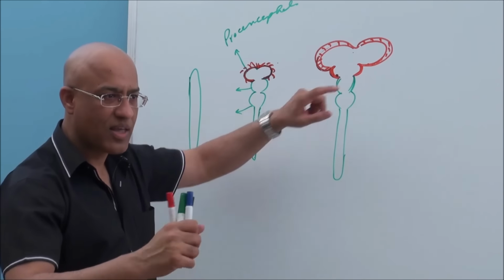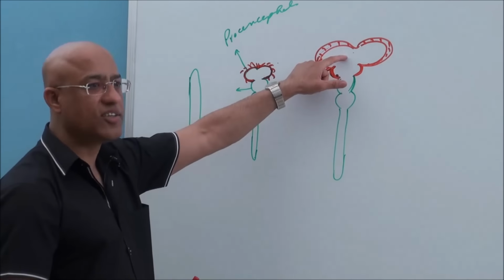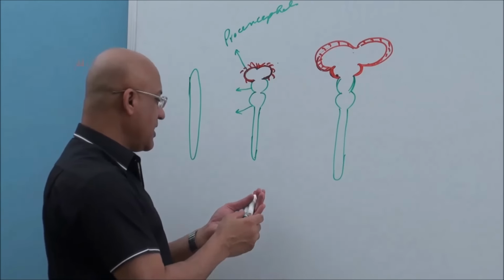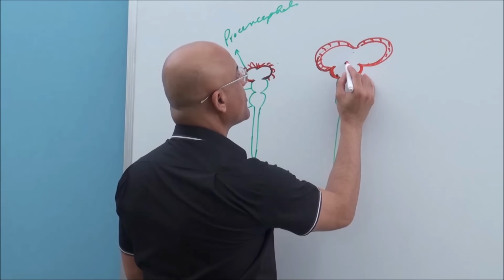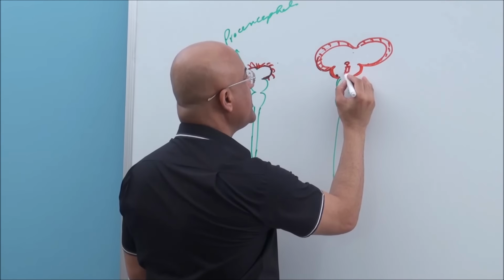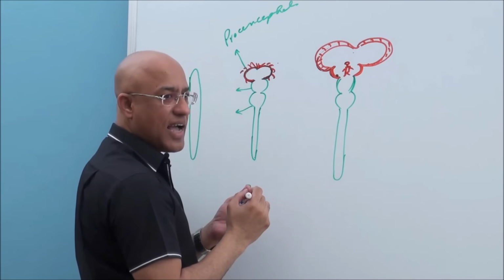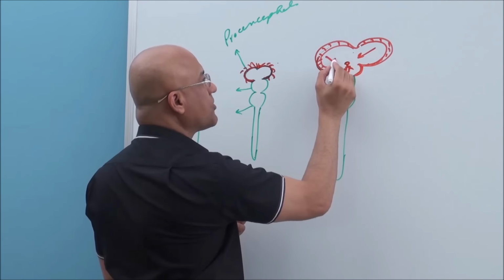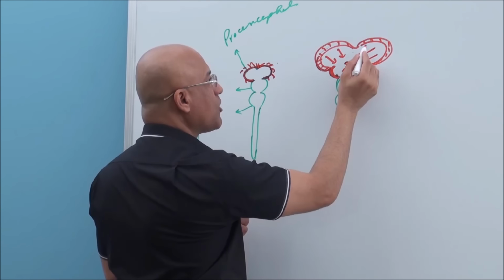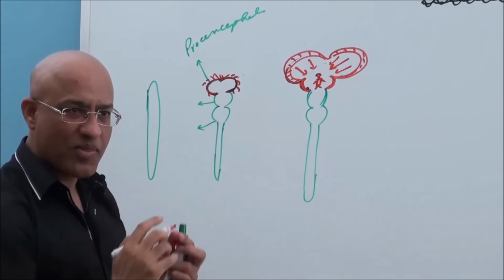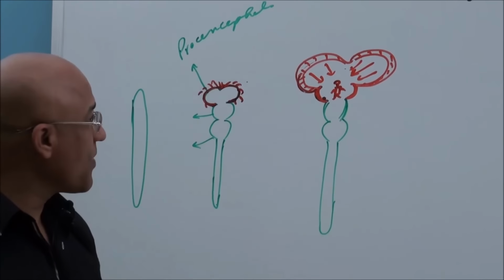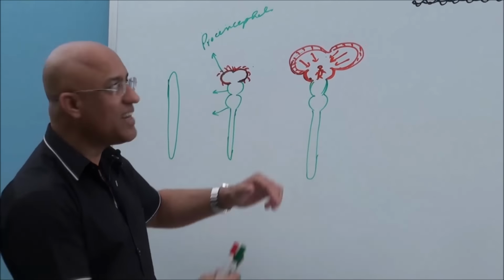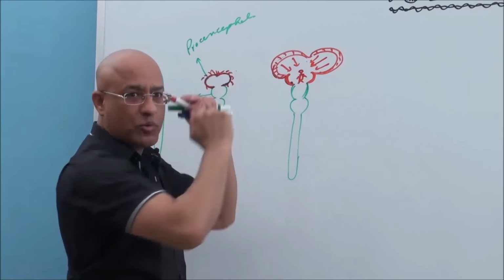Am I clear? How to remember this is diencephalon and that is telencephalon? Just remember Lady Diana is here, and from here the telescopes are there, always looking at Lady Diana. You know? So diencephalon is inner and telencephalon is around.